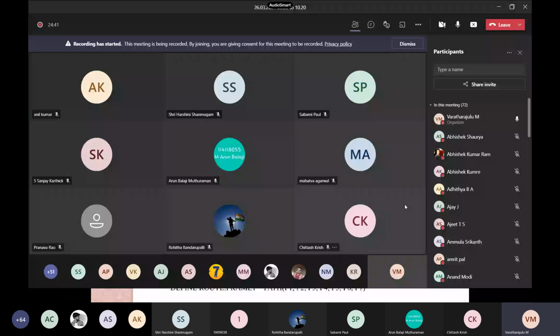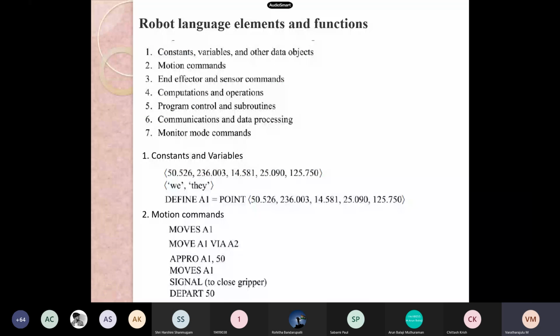The define command is used to define one particular point, that is a Cartesian coordinate. You see here, there are two different examples we have given.